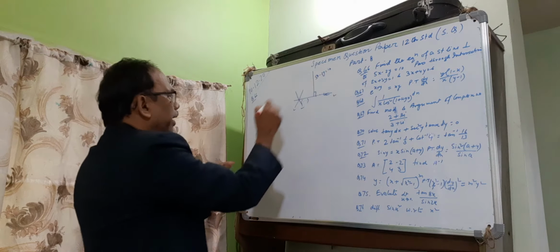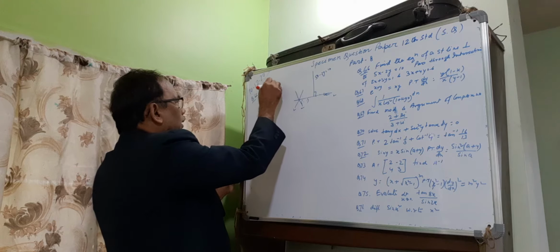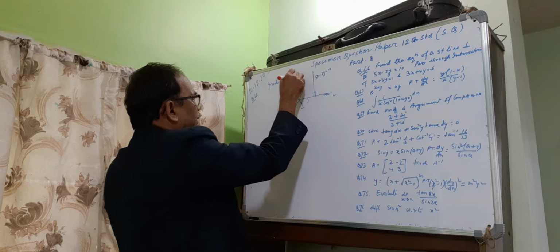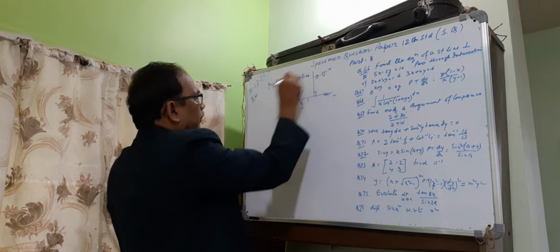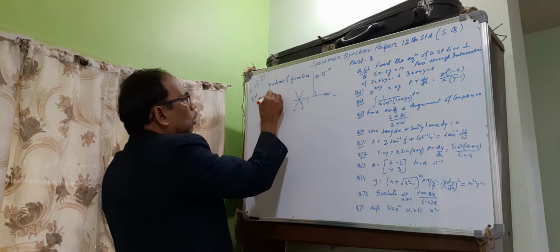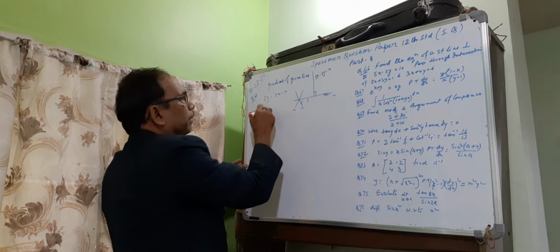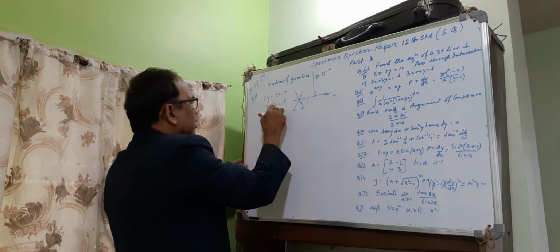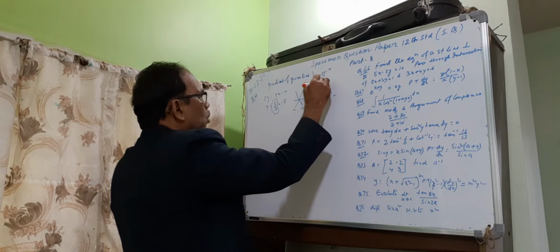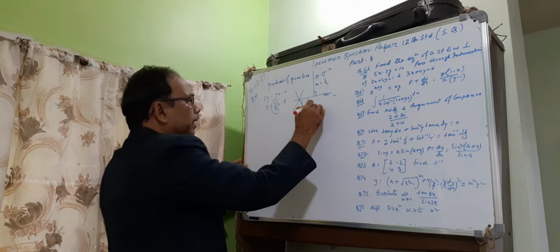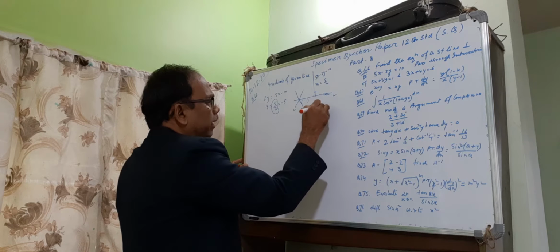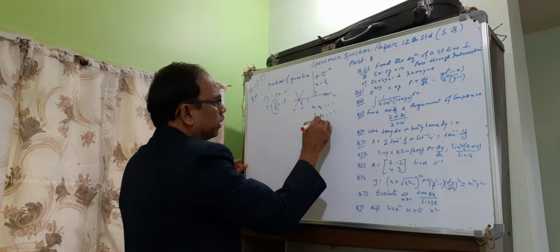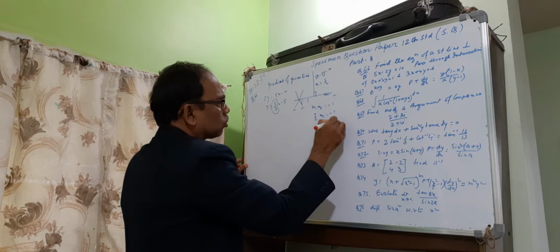Now the gradient of the given line: 2y equals 5x minus 10, that is y equals 5 by 2 x minus 5. This is the gradient, so m1 is 5 by 2. Taking the condition of perpendicularity, m1 m2 equals minus 1, 5 by 2 into m2 equals minus 1, then m2 equals minus 2 by 5.